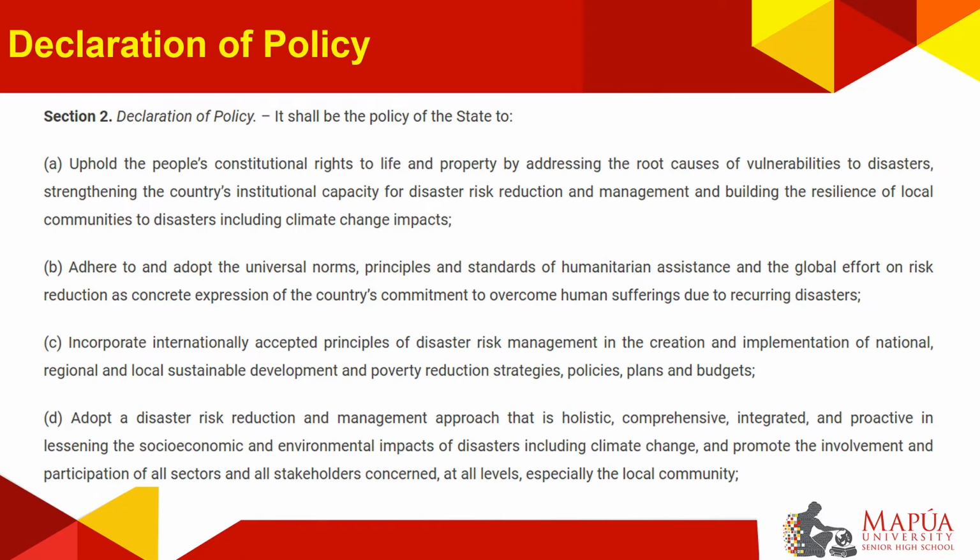Now, at Section 2, we can see a declaration of policy where we can read all of the policies that this law enacts and gives for the government and for the local government unit to follow. Letter A is to uphold the people's constitutional rights to life and property. The risks that we have when it comes to DRRM is all about life and property. These are the hazards that we have been talking about for an entire semester.